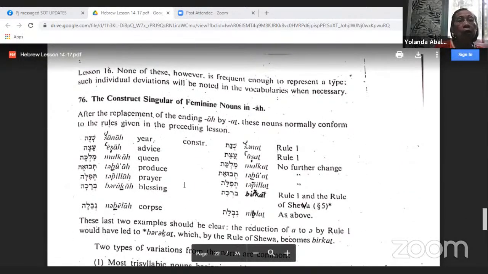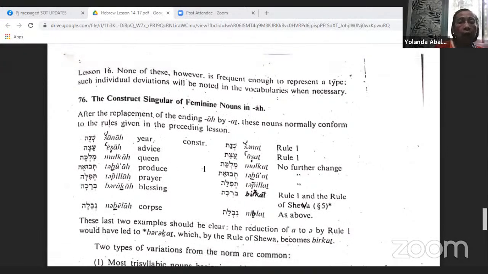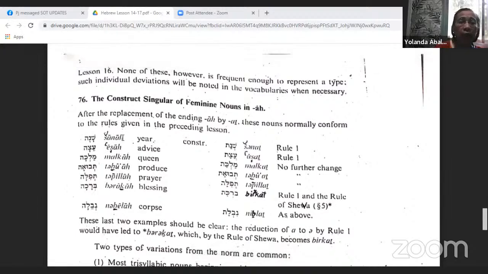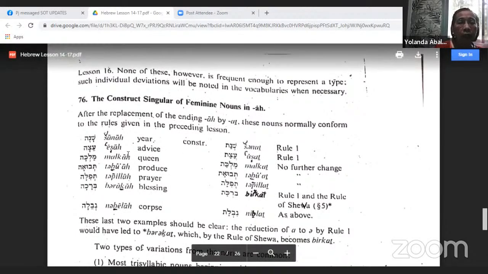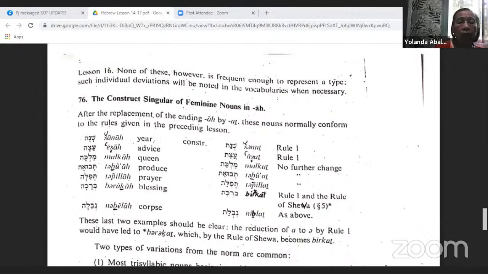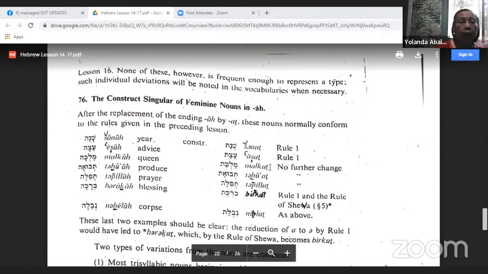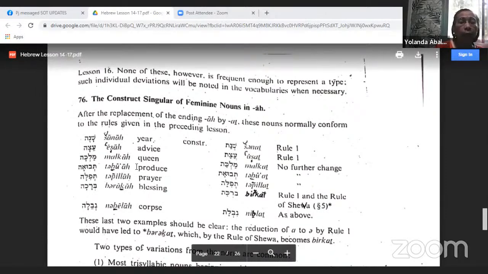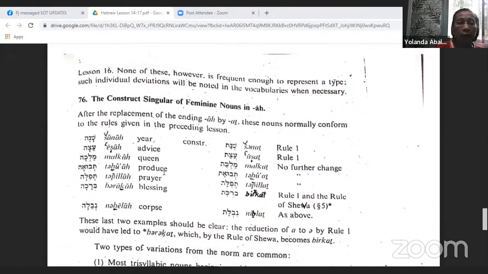Ang construction singular of the feminine noun, such as shana. Shana is a year. To construct that into the years of, we have shanat. Etsa is advice, atsat, the advice of. Malka is a queen. Malkat, the ruling queen of. Tevua, produce or a product.